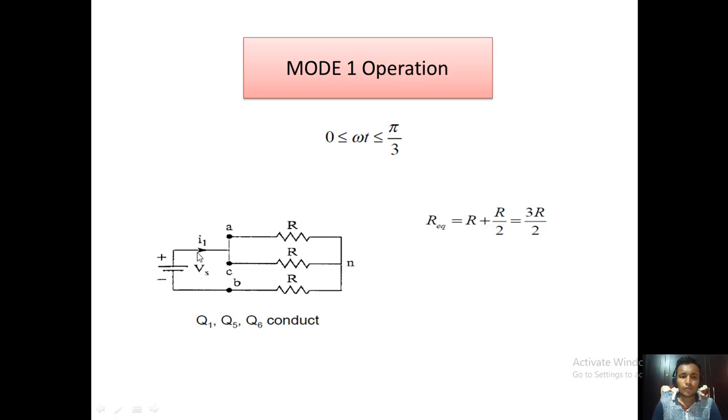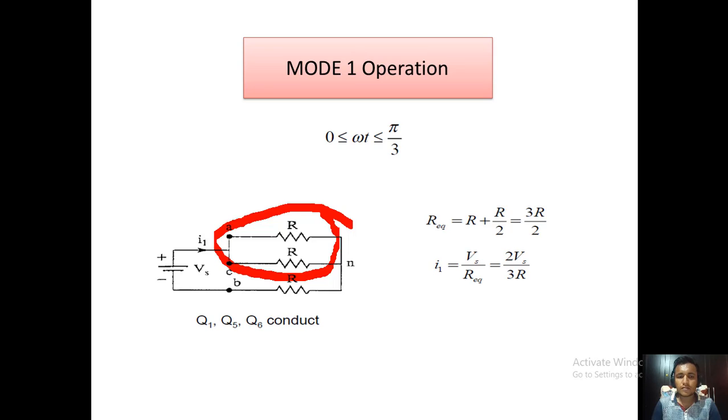Now if we have to find the current I1, then from Ohm's law, I1 is voltage Vs divided by the equivalent resistance, and the equivalent resistance is 3R by 2. So we can write 2Vs divided by 3R.